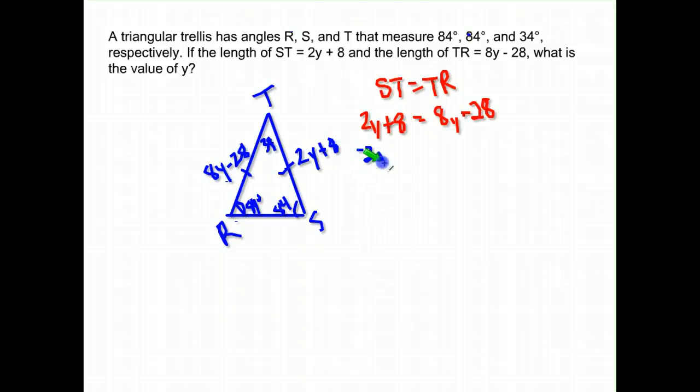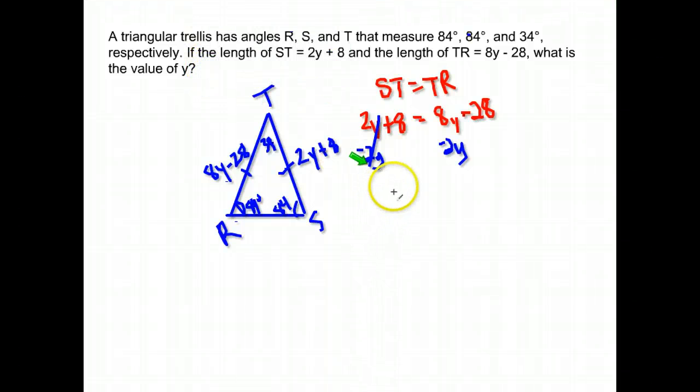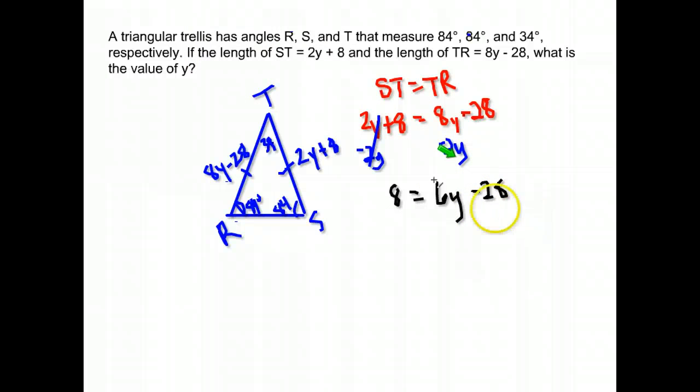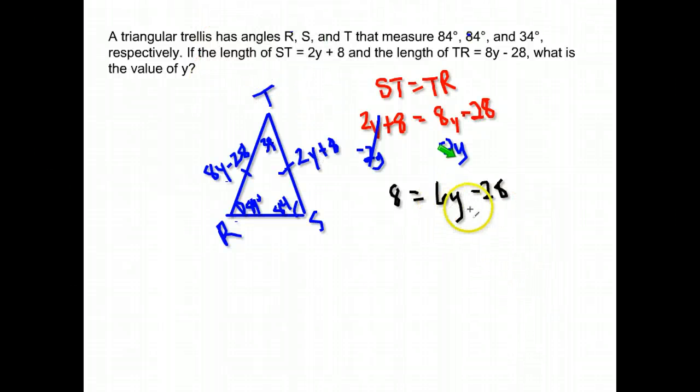Get the y's on the same side by subtracting 2y from both sides. That gives me just an 8 on the left side equals 8 minus 2 is 6y minus 28 on the right hand side. I'm going to now add 28 to both sides so that we can get the y all by itself.